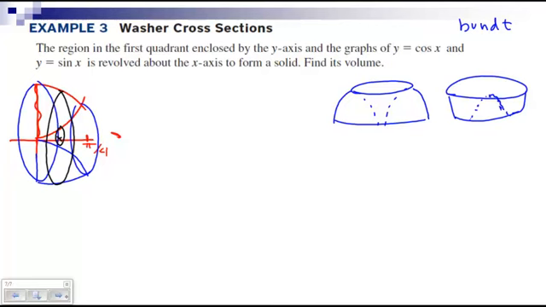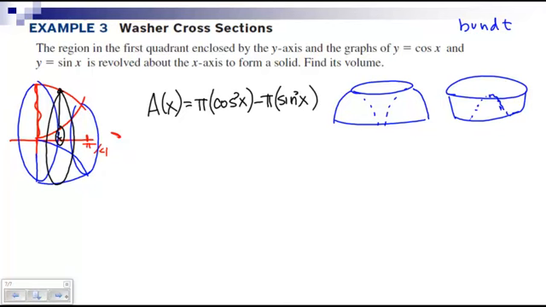The cross-sectional area is going to be the area of the outside circle, which is pi r squared, and r goes all the way up to the cosine curve. Pi cosine squared gives me the area of the outside circle. But now I've got to subtract out the inside circle, which would be pi sine squared.